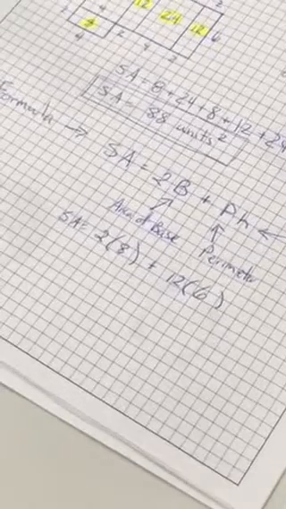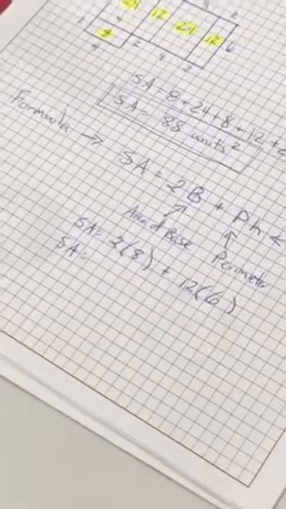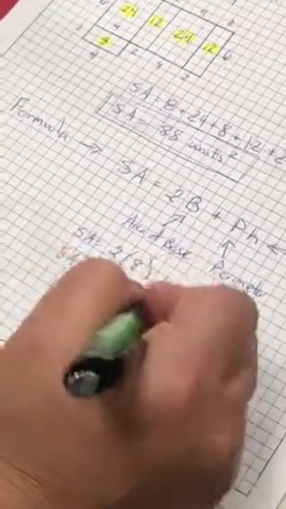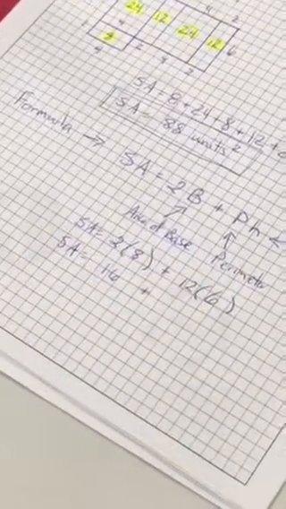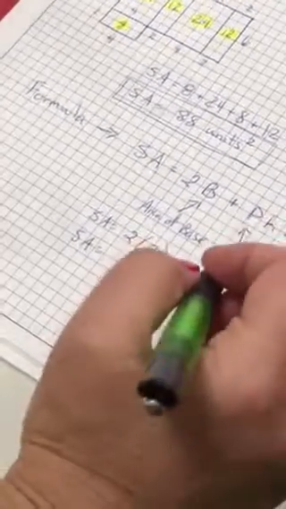Okay, so now using your calculators, go ahead and calculate for me what the surface area will be using the formula. We'll be using the calculators all day. So 2 times 8, we have 16. And what did you get when you did 12 times 6? 72.